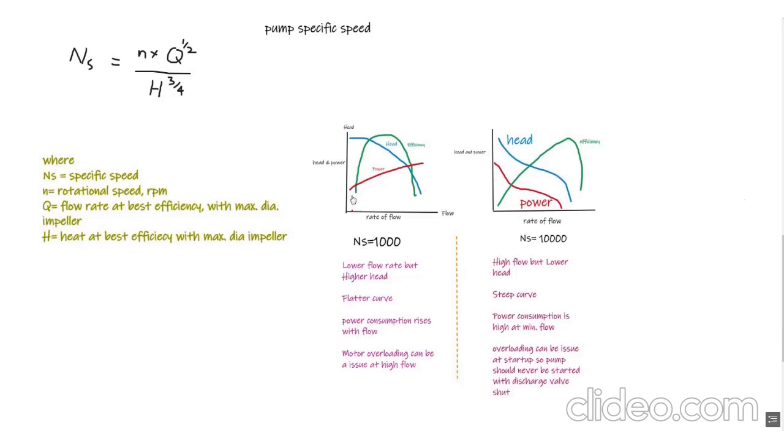Another difference we can see from this curve is that as the flow increases, the power requirement also increases in the low specific speed pumps, whereas for the pumps with high specific speed, the power is high at startup, and with increasing flow rate, the power demand reduces. So there may be a motor overloading issue at high flow because the power is highest at the highest flow.